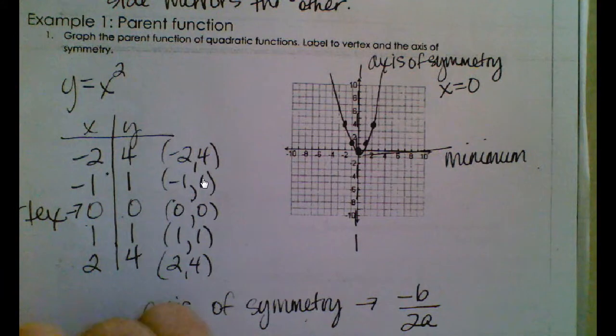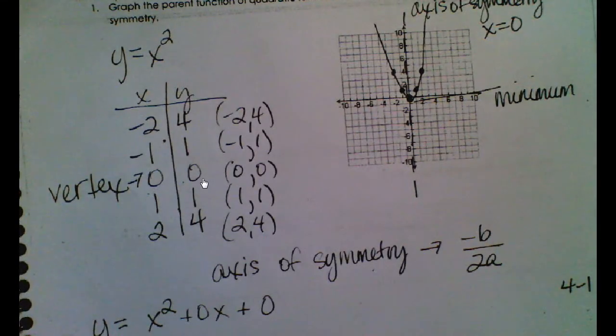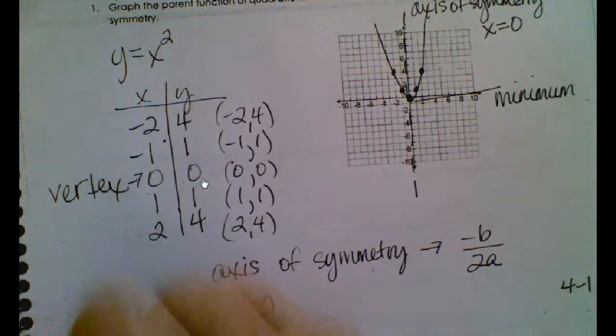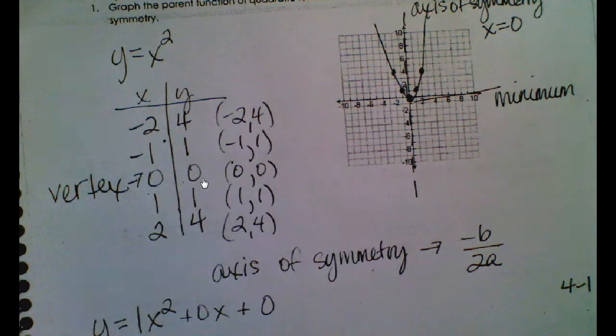So we have y equals x squared. What happened to my b and my c in this case? How many x's do I have? 0. I don't have any, right? And I don't have a constant. So what are my a, b, and c values? What's my a value? There's nothing in front of it. What is it? 1. So a equals 1. What does b equal?